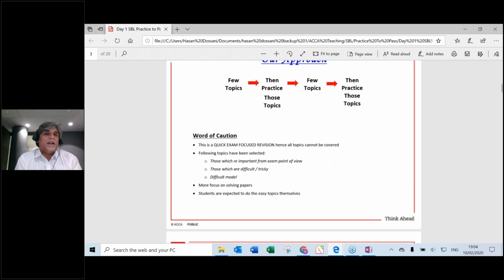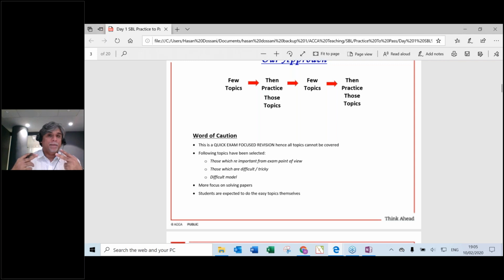And a little bit of a word of caution here. You would agree that this is a revision session. We just have 15 hours in which we have to do a lot of things. So obviously, I will not be able to cover each and every topic, and I will not be able to cover each and every question.